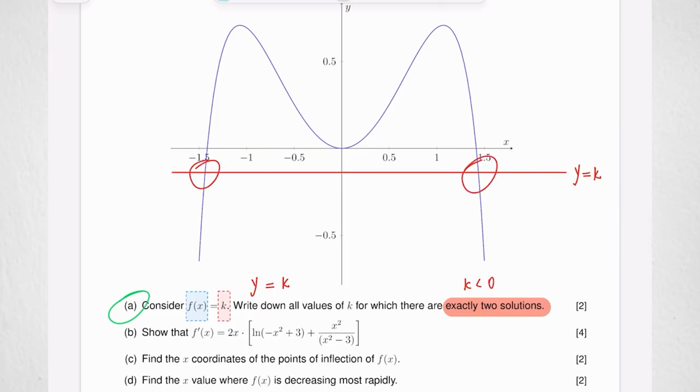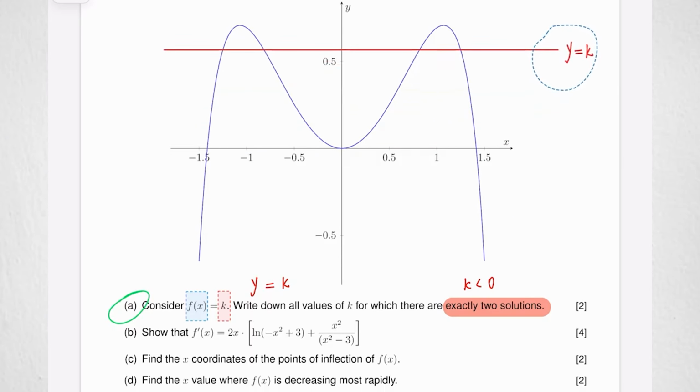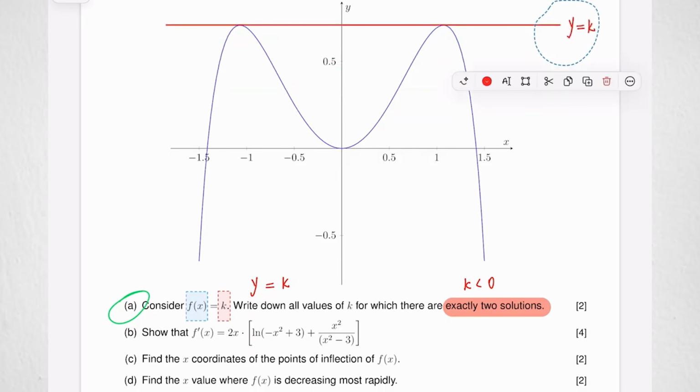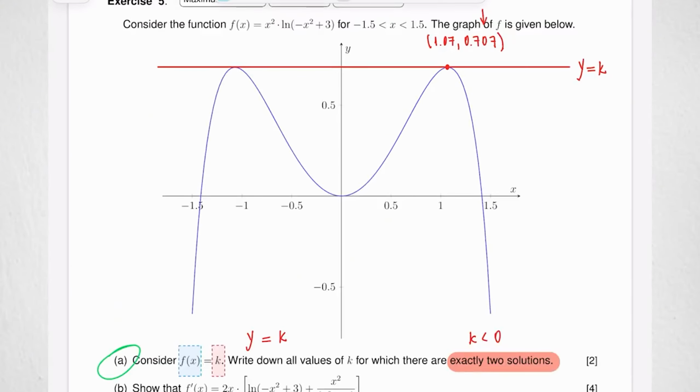So k being less than 0 should be included in the solution for this question A, but also not 0 and not anything in between 0 and the maximum point, but the maximum point, which if you use your GDC, you find 1.07 comma 0.707. This y value specifically, it will work. So we have these possibilities. Either k is less than 0 or k is exactly 0.707, rounded of course to 3 significant figures.